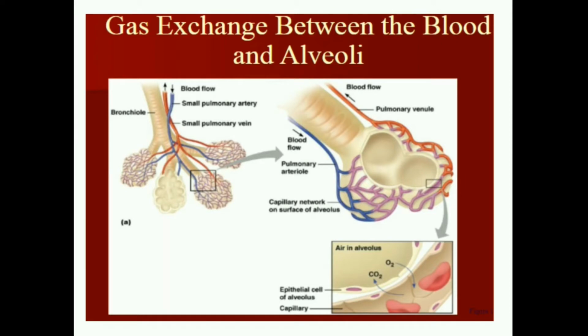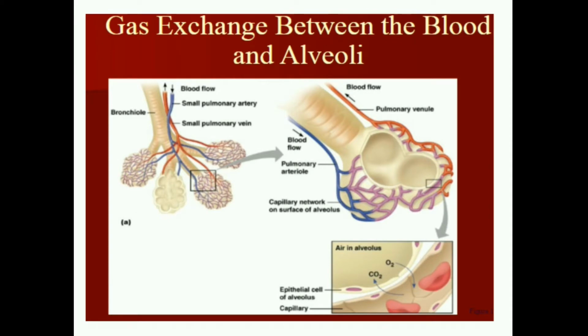Here we can see that the bronchioles are covered with small pulmonary arteries and veins, and those arteries and veins allow the movement of carbon dioxide and oxygen, leading to internal respiration, so that after that there will be a supply of oxygen and carbon dioxide to their respective places. Here we can see the diagram.